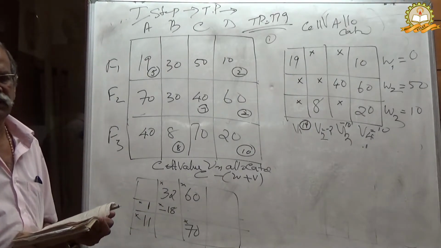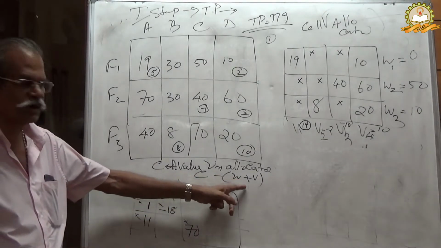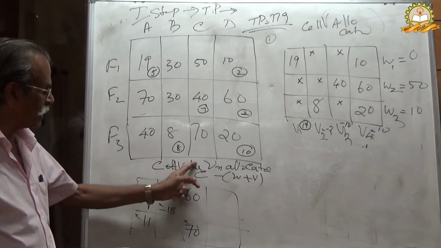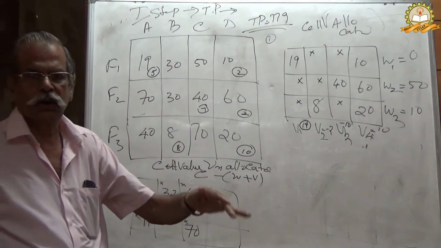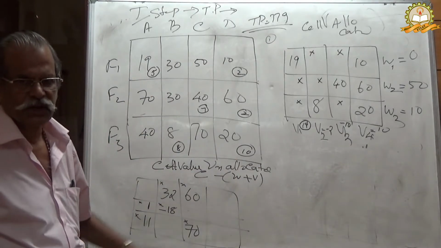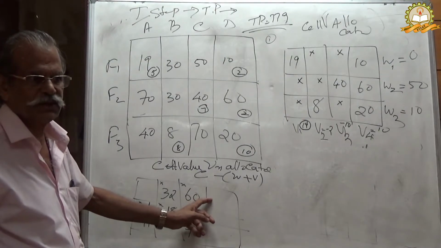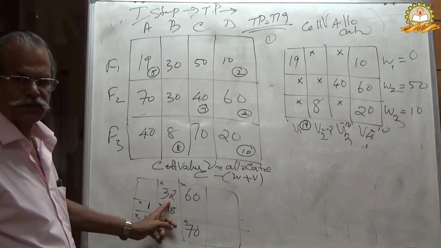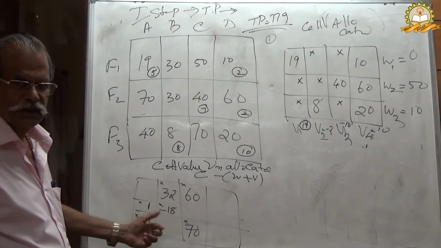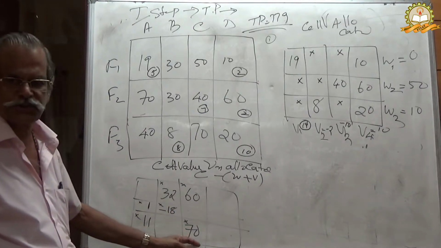In the earlier question, when you applied C minus u plus v to the unallocated cells, we obtained all positive cell values. You obtained this number positive, this number positive, and so on.